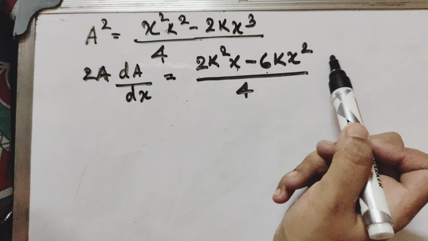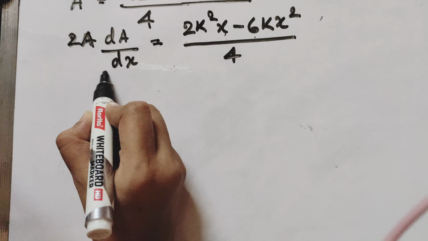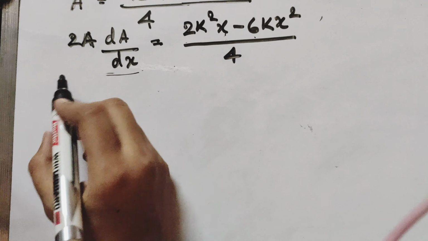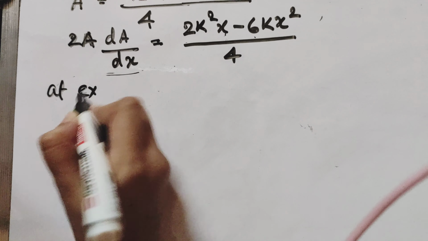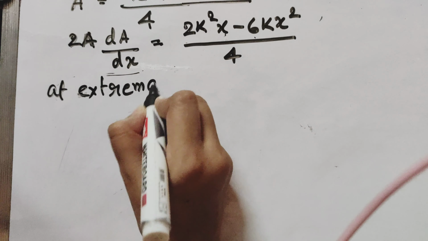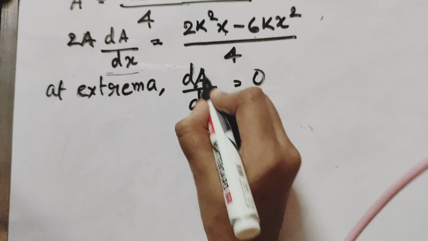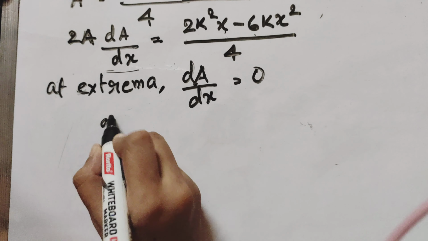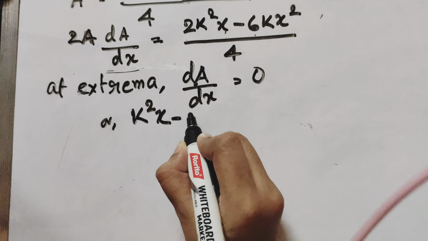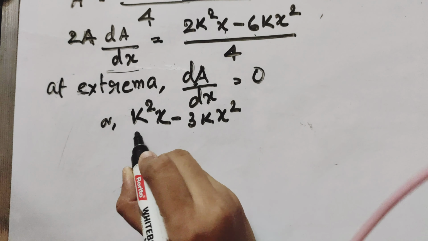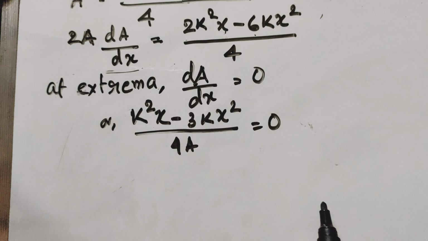Now how can we obtain the critical point? The critical numbers of A are given by dA by dx equals 0, right? So at extrema, dA by dx equals 0. What is our dA by dx? That is (k square x minus 3kx square) divided by 4A equals 0.